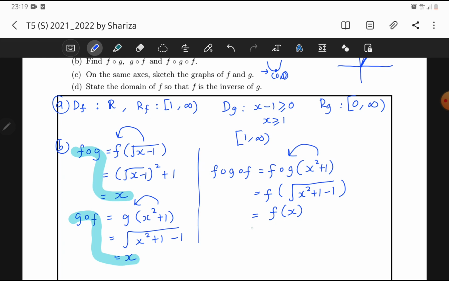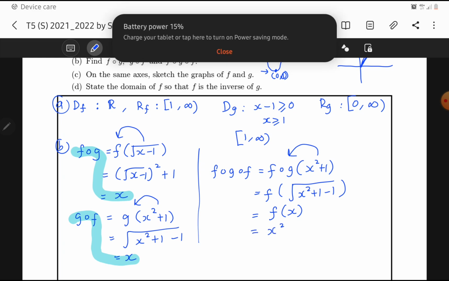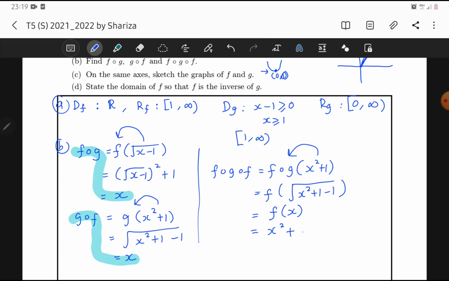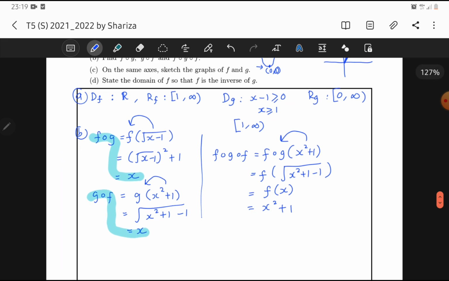Kan? And f of x is x squared plus 1. Okay, dia balik kepada f(x). Okay, dan for part B.